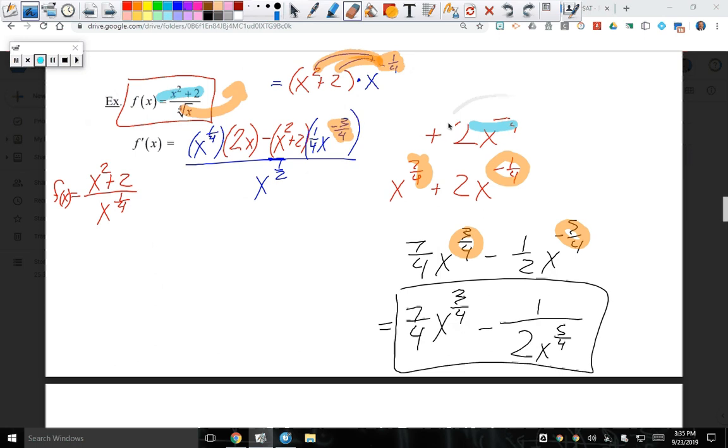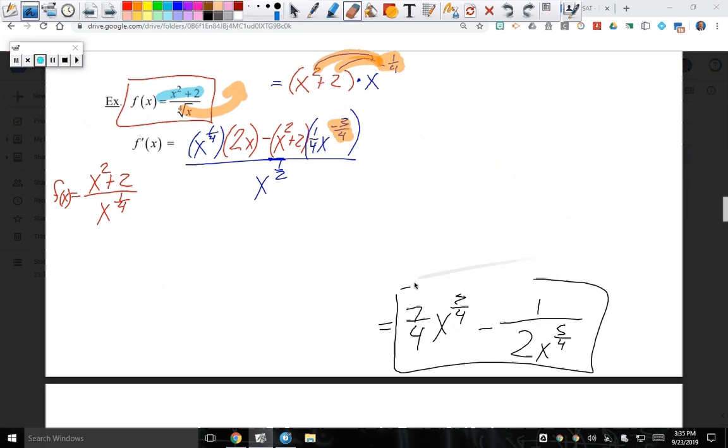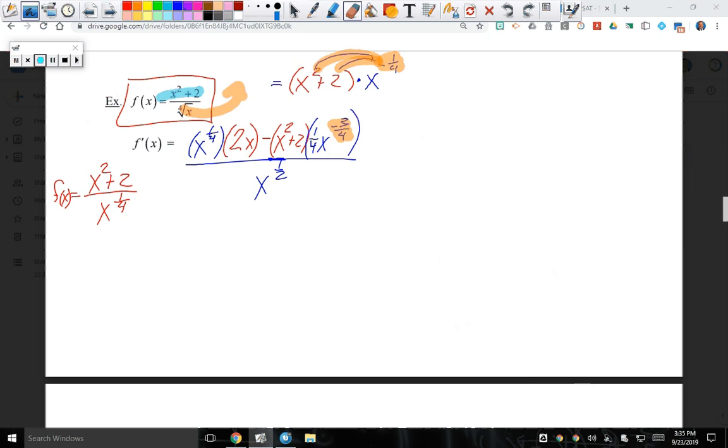Let's make some room. This right here is my numerator. Okay?